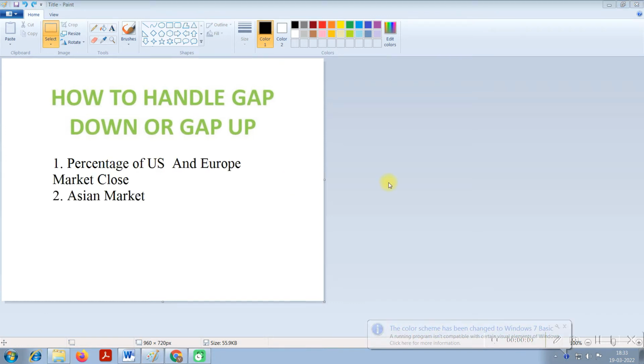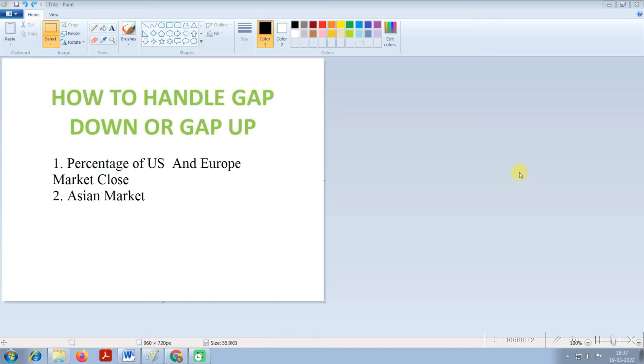After identifying gap up or gap down points, we need to check how the US and Europe markets closed as well as how the Asian markets are trading. Especially we need to identify by what percentage they were down or up. It is more important. Why am I saying it is more important?